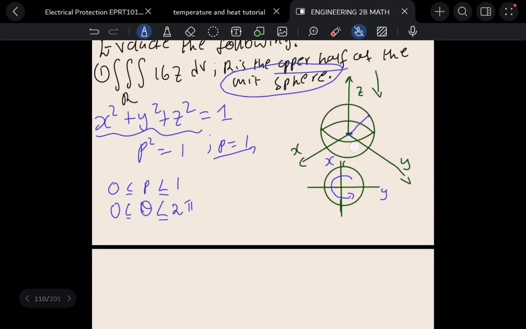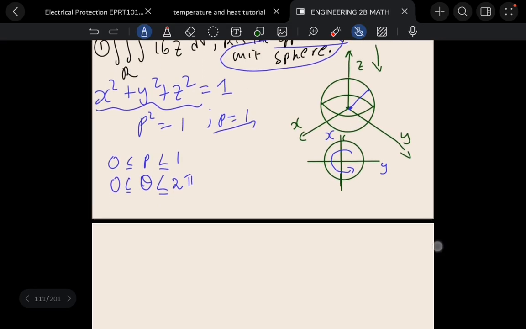So if we draw the z and the y, we will have a curve in that form. So it is 0 to pi over 2, so your phi will start from 0 to pi over 2.